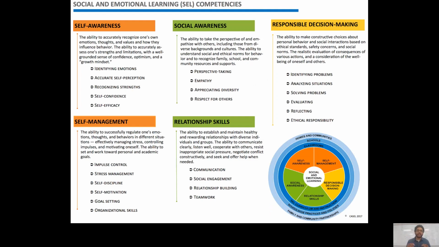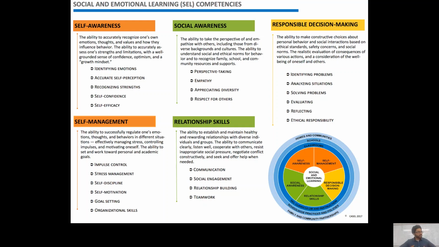Self-awareness, social awareness, responsible decision making, self-management, and relationship skills. If you look at these 5, let me just run through self-awareness real quick. Self-awareness is the ability to understand who you are, what you're feeling, what you're thinking. Understanding your goals, your strengths, and your weaknesses.